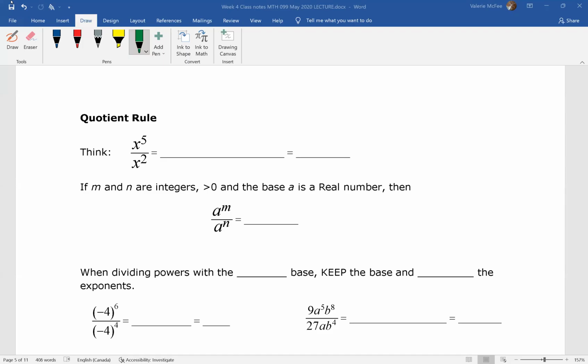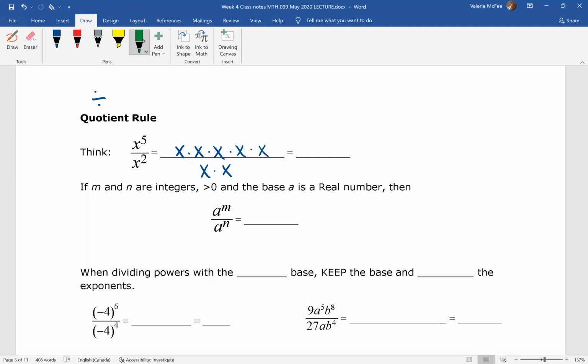We're going to continue to talk about exponent rules. So today we're looking at the quotient rule. Remember that quotients are the answer to a division question. So if we look at this example and write this as repeated multiplication, we'll see that we have 5 x's all divided by 2 x's.